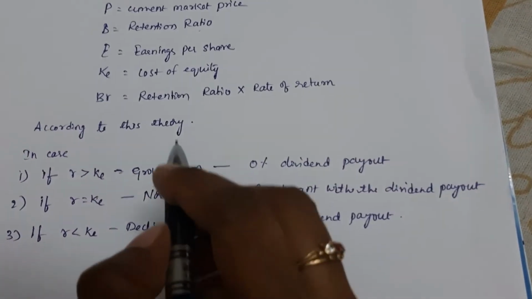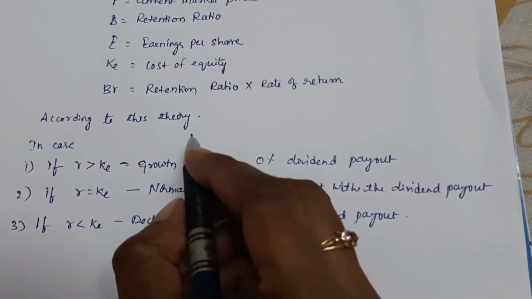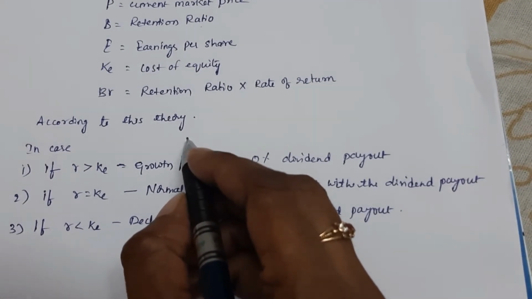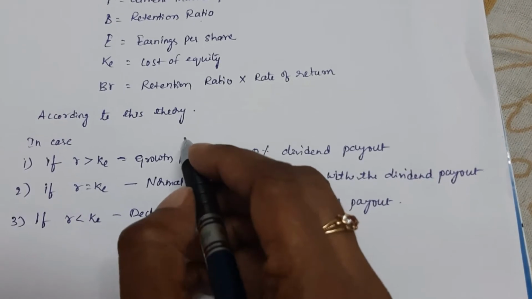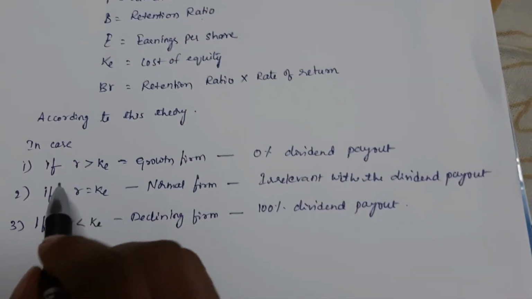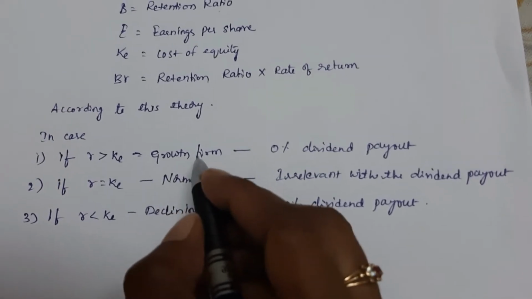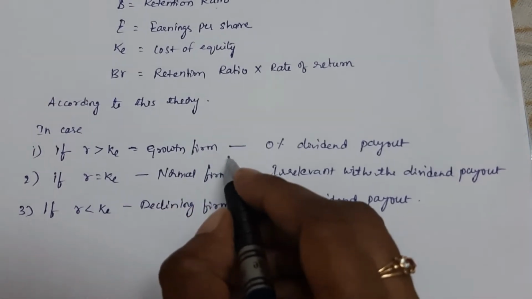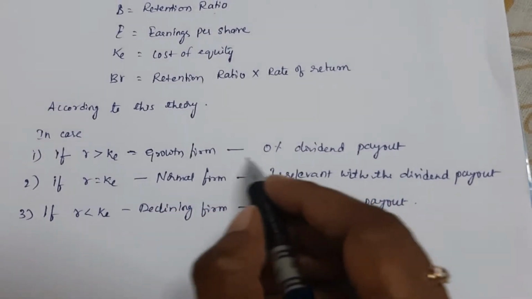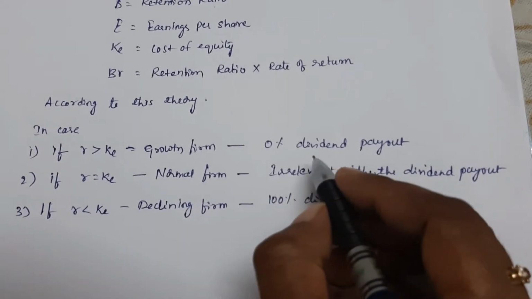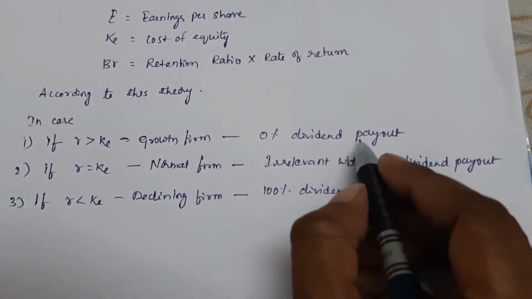According to this theory, depending upon the growth status of the firm, the payout has to be decided. In case R is greater than KE, the firm is considered a growth firm, and it is recommended to go for 0% dividend payout.